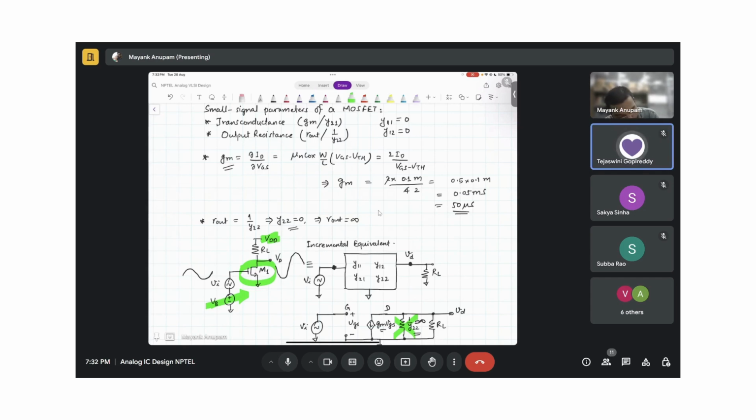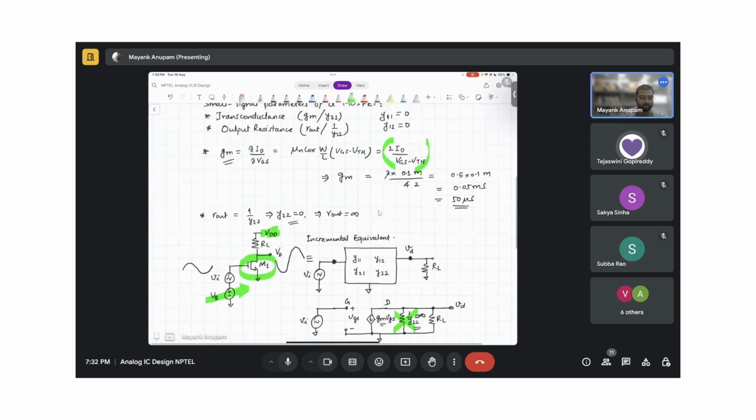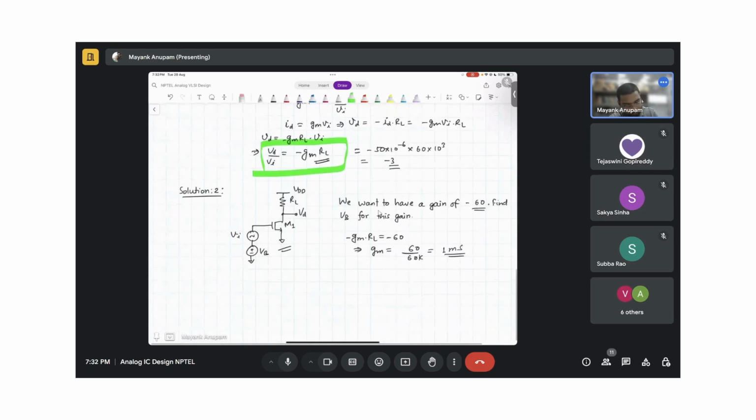Yes, exactly. We do not know what this W by L is, right? So we cannot go ahead and use that. We should use this one because this we know, right? So GM is equal to 2ID upon VGS minus VTH.